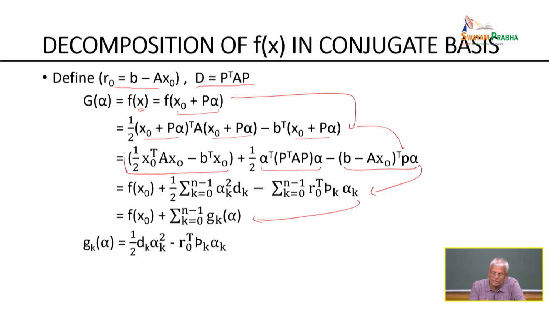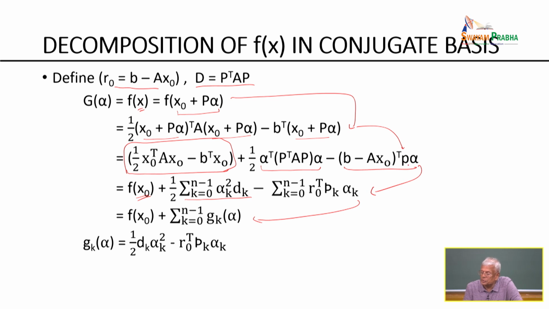This term is a constant and this term is simply f of x naught, that is a constant, because x naught is a constant. This term is a quadratic function, this is the linear function. We just showed P transpose A P is diagonal. So, this is simply the sum over k equal to 0 to n minus 1 of d k alpha k square, and this is R naught.